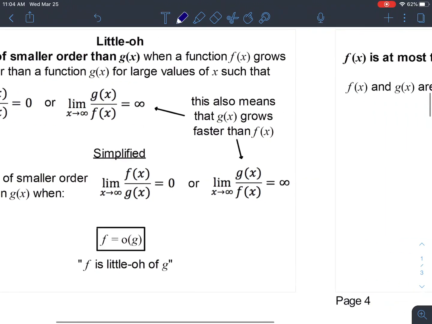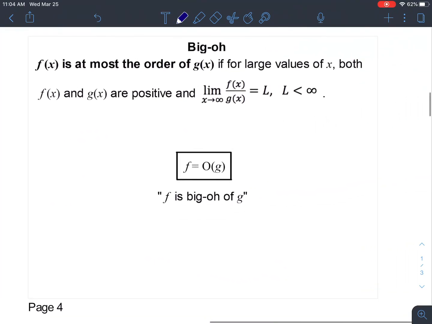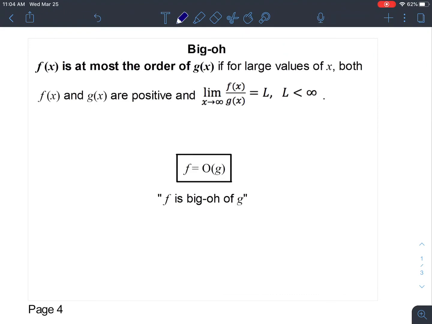So what this is going to look like, or I'm sorry, we don't have examples yet. We actually have to get to the other definition first. Big O. If there was a little o, there is a big O. So this one, f is at most the order of g of x if for large values of x both f of x and g of x are positive, and we get this limit equal to some value of L where L is less than infinity.